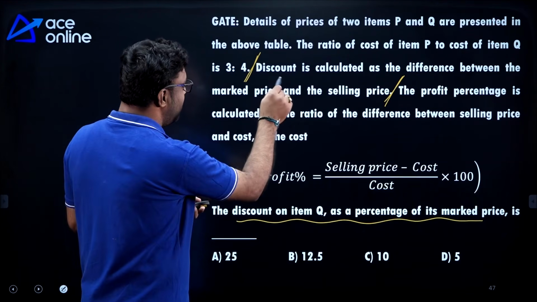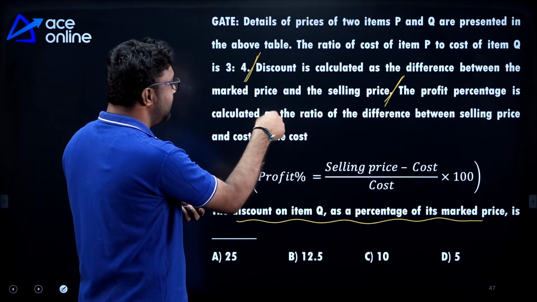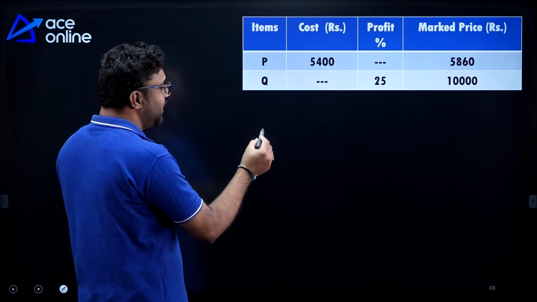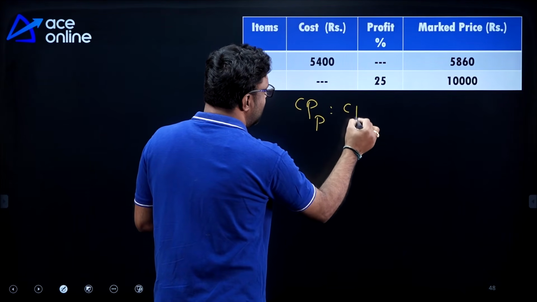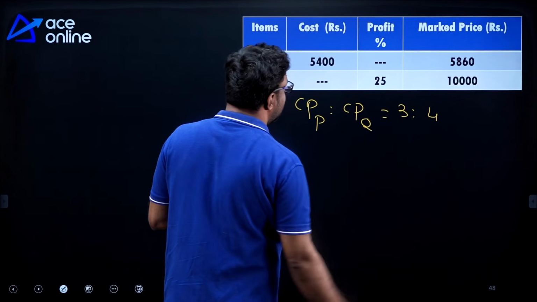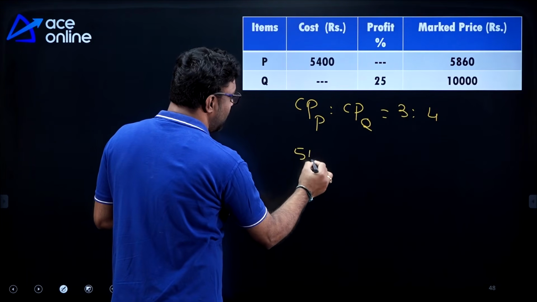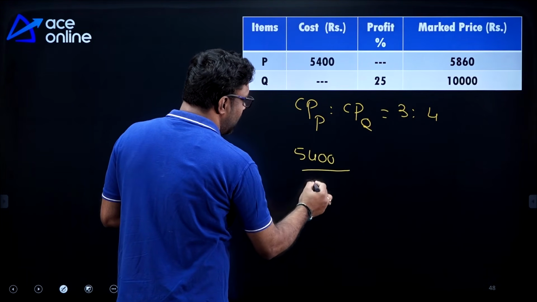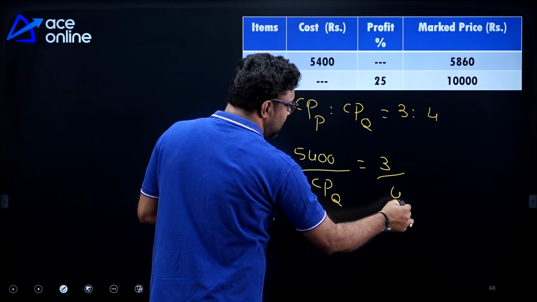So the only thing you can find from this entire table is the cost price of P and Q: the ratio of cost price of P to cost price of Q is 3:4. Cost price of P here is 5,400. We don't know cost price of Q, that we need to calculate.